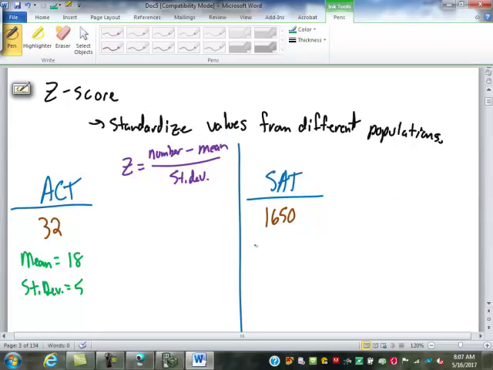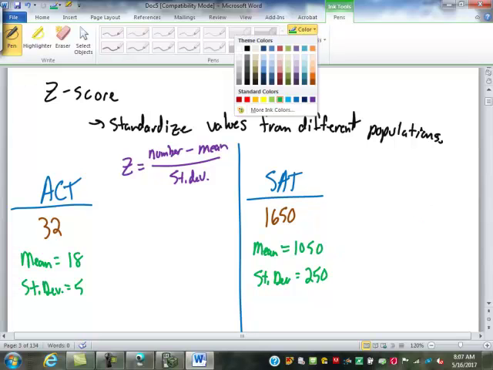Let's say for the SAT, for all people that took the SAT, the mean score is 1,050, and the standard deviation is 250.